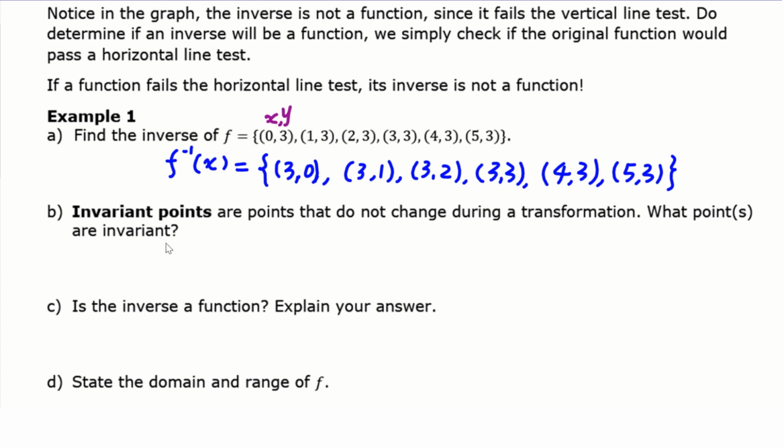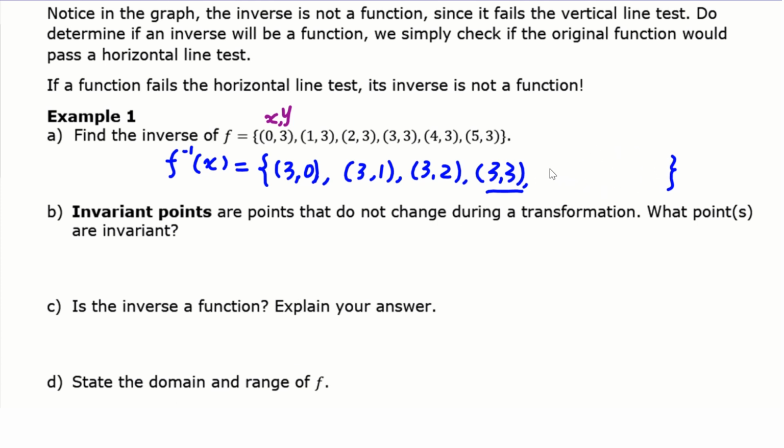And now we want to see which points don't change. So from here we see 3, 3 doesn't change. x and y are the same, so it is not going to change. And this one is 3, 4, 3, 5, so this one we need to switch the x and y.